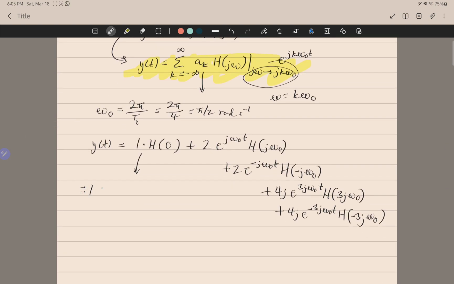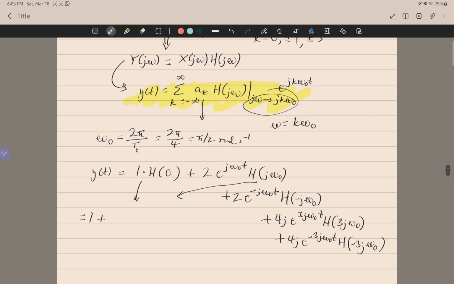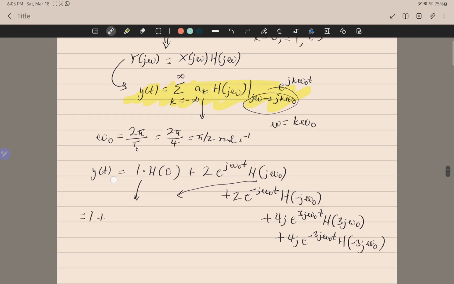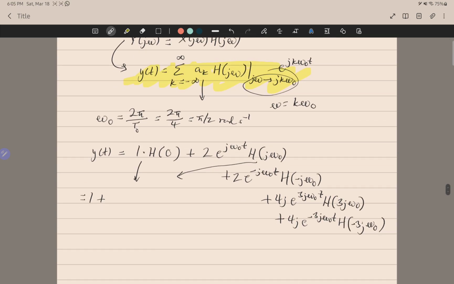Plus, we look at this one again. What is our omega? It's omega 0, which is pi over 2. So pi over 2 is less than pi. Refer to this, so it's equal to 1.